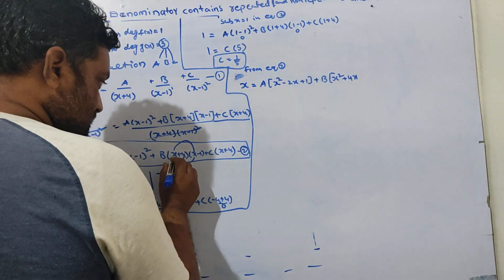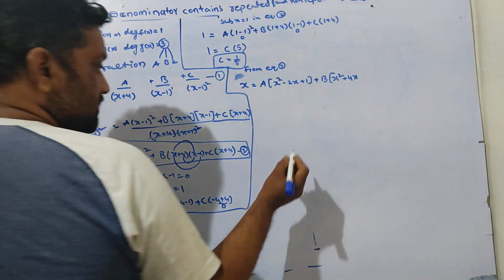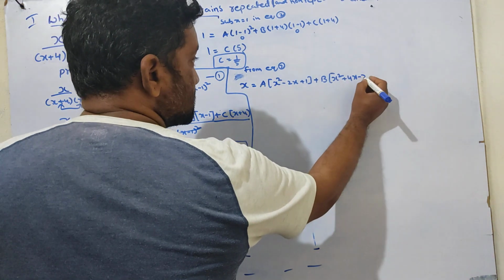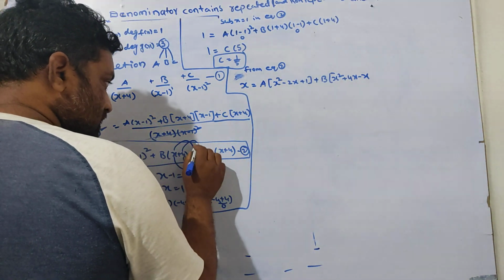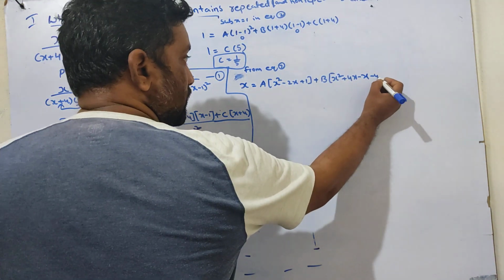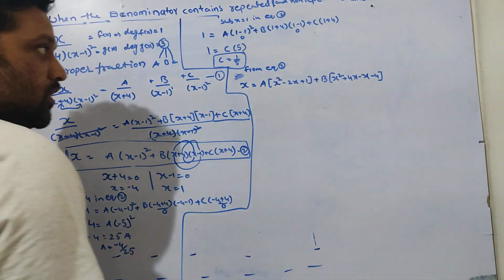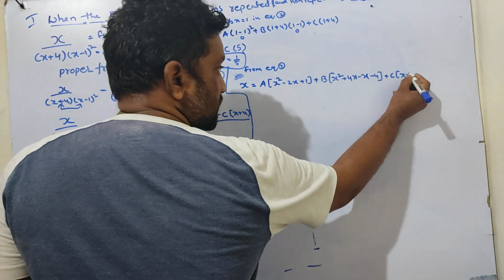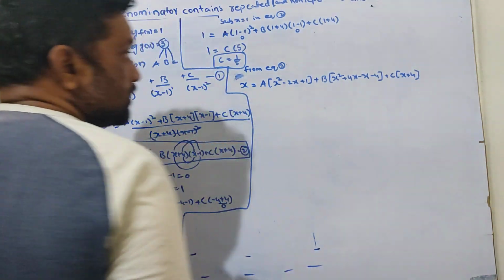Now x into minus 1, minus x, and 4 into minus 1, minus 4. That is plus c of x plus 4.